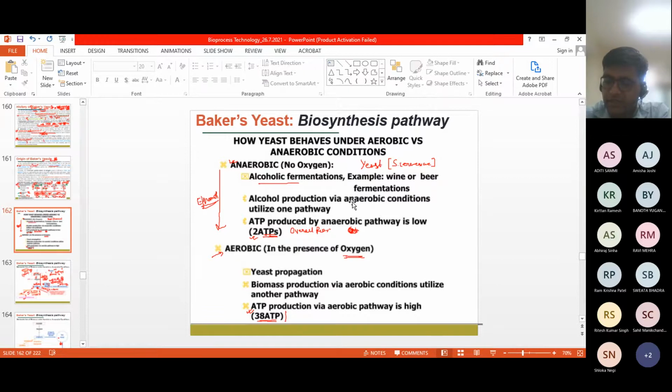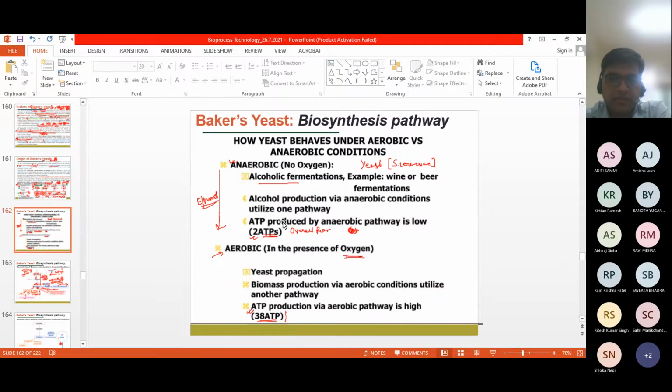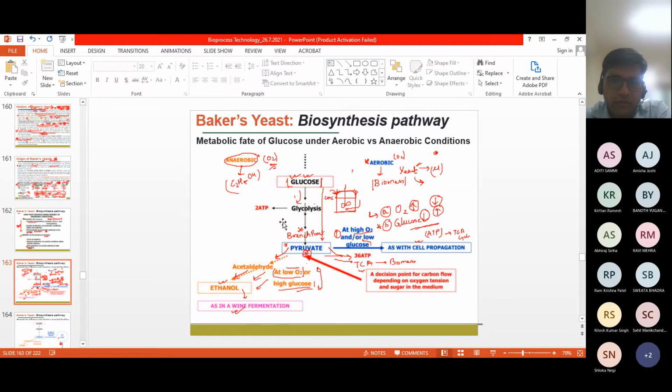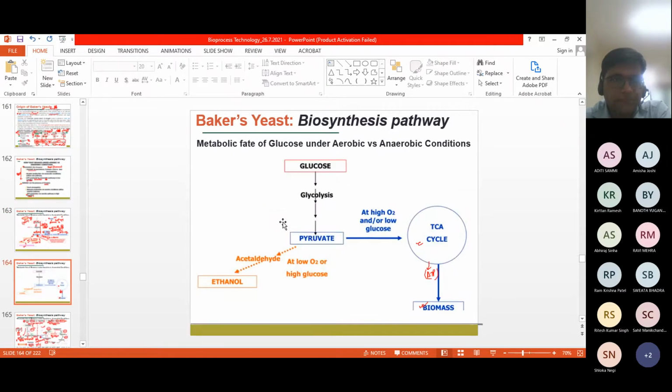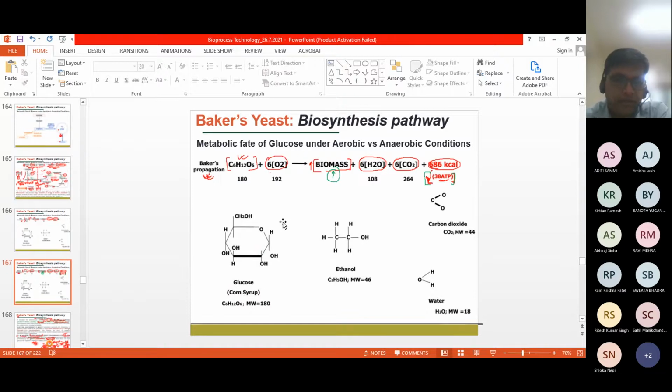And both of these fermentation steps or biosynthesis pathways are switchable in nature, by tuning a simple change in the concentration of oxygen, that is the presence or absence of oxygen, and the concentration of the glucose. That phenomenon is known as the Crabtree effect.